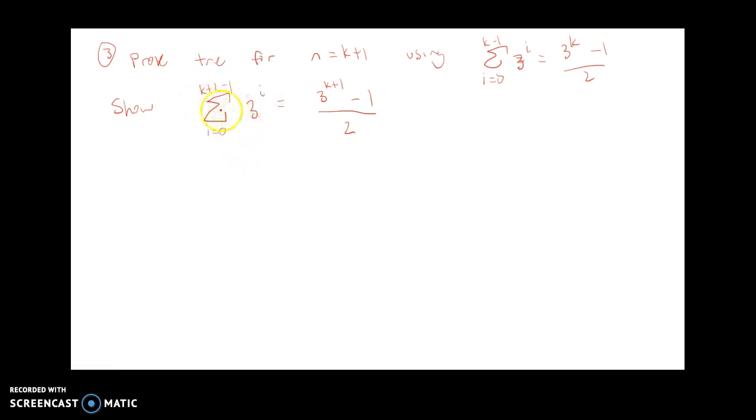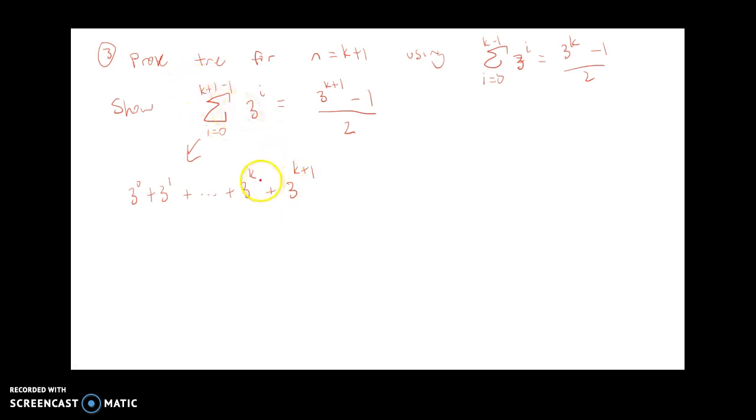So I'm going to do kind of a similar thing that I did in the last proof. I'm going to rewrite this. I realize that what this will be is 3 to the 0 plus 3 to the first plus ... plus 3 to the k plus the 3 to the k plus 1 term. So, excuse me, I should take this back.